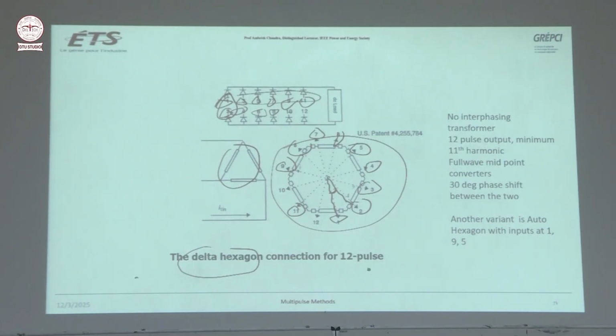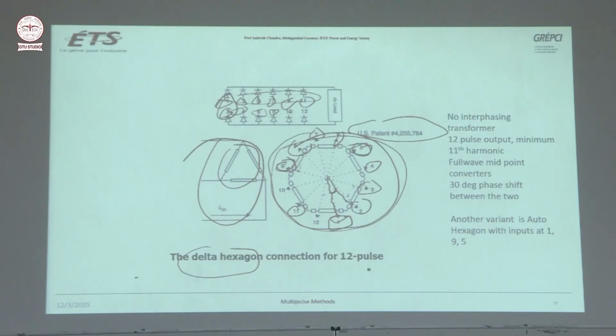But there is already a US patent. This is nothing new. This is old, maybe a more than 20-year-old patent. But you can use this hexagon as an auto transformer also. Then you don't need this. Okay, so you can have input here 1, 9, 5.